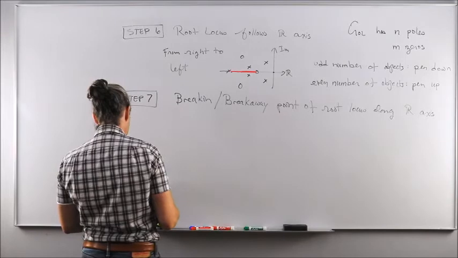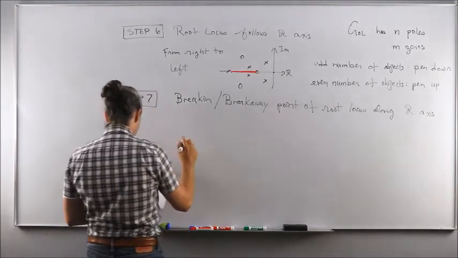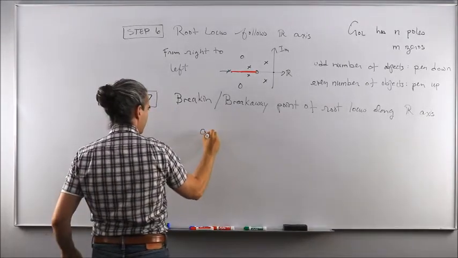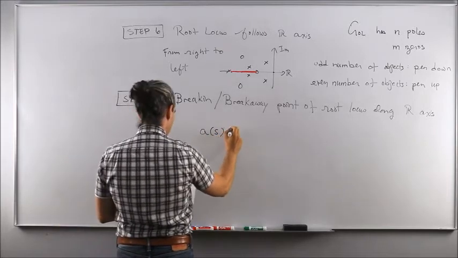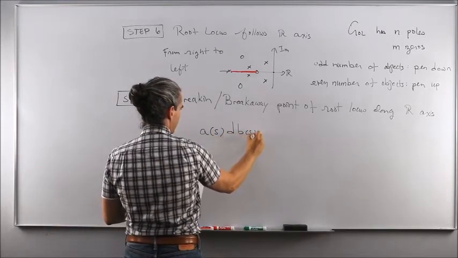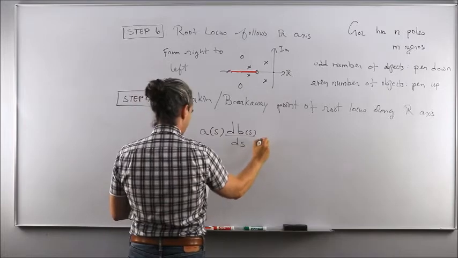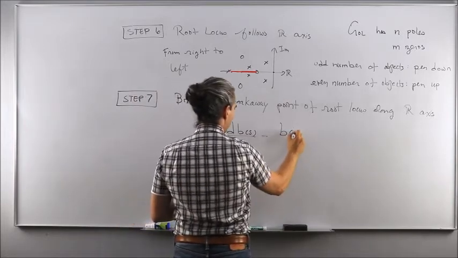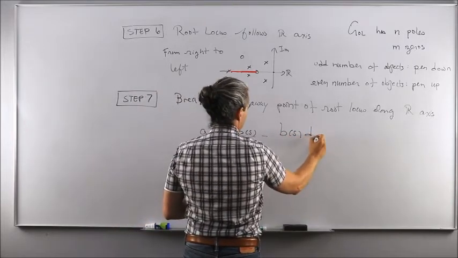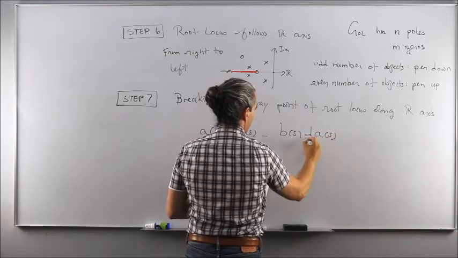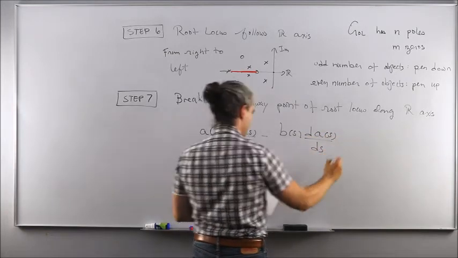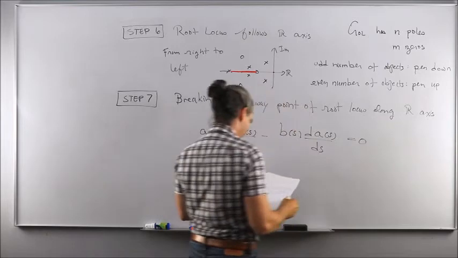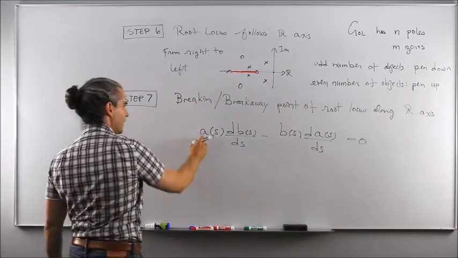To figure this out, you need to look at a differential equation, A times the derivative of B with respect to S, minus B times the derivative of A with respect to S, and you're going to equal that to 0. What is A? What is B?